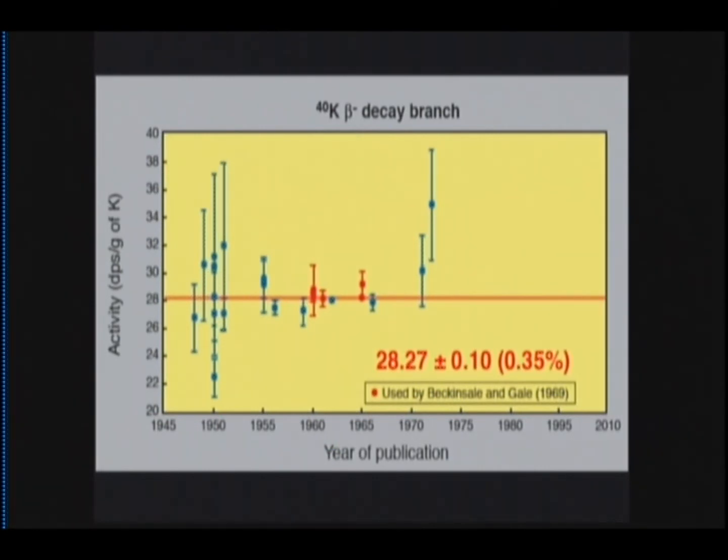So actually, putting together this plot was a major literature search. So what I've shown here is the values that were used by Beckinsale and Gale in 1969. They published a recommendation for the decay constants based on this very small selection of all the available data.